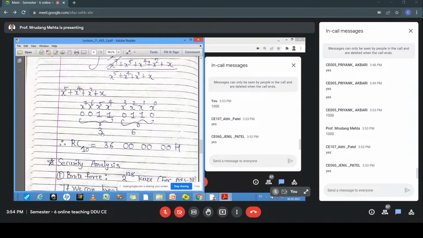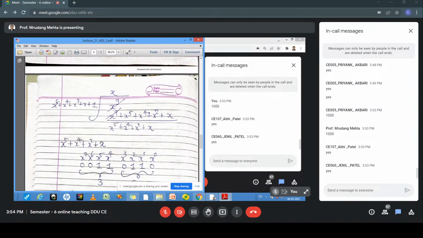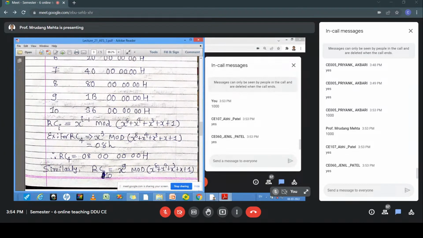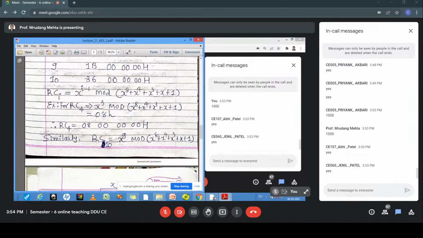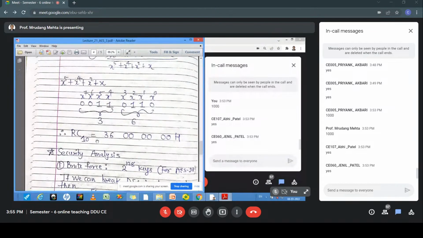That is represented in hex by 3, 6, because it becomes 0011 and 0110. So this is 3 and this is 6. RC10 is 36. It is understood now how we have found this number. Very straightforward and easy, right?